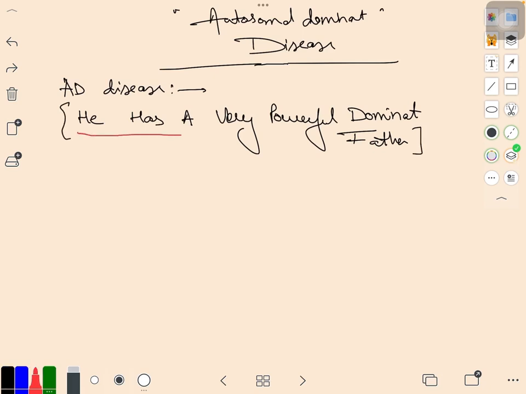You can remember this mnemonic, however, it contains a lot of diseases. We will not talk about all of them, only the most important ones which we actually need to.